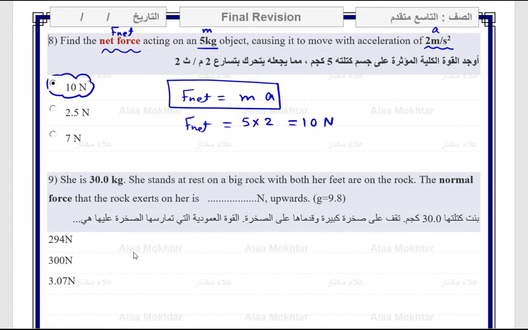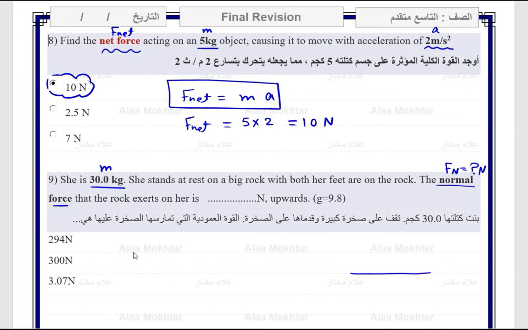The next one, she is 30 kilogram. 30 kilogram is a mass. She stands at rest on a big rock with both her feet on the rock. The sign for normal force is Fn. The normal force that the rock exerts on her is, he asked about normal force, measured in Newton.